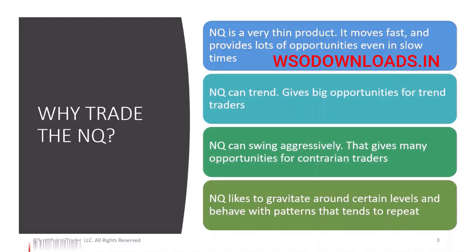So even for contrarian traders, you can find a lot of opportunities to fade moves. There's a lot of rotations going on. So if you like to fade moves, and we're gonna see also how to go into fade those moves, there's a lot of opportunities even for contrarian traders. So it's a very dynamic, it's a very versatile market for all trading styles.